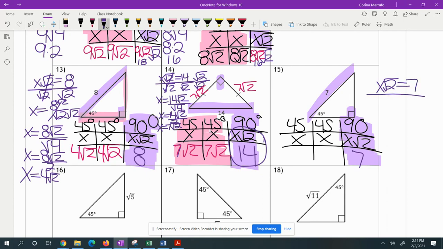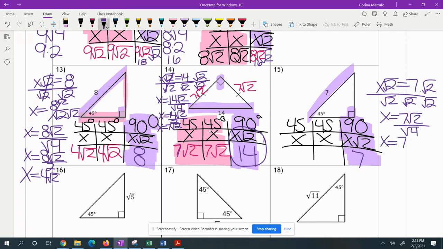We solve for x by dividing by the square root of 2 on both sides. We get x equals, now we can't have a square root on the bottom, so we do have to rationalize it, meaning we're going to have to multiply the top and the bottom by the square root of 2. And on the top we have 7 square root of 2 divided by the square root of 2 times the square root of 2, which gives you the square root of 4.